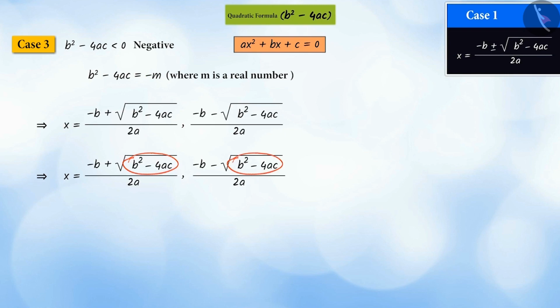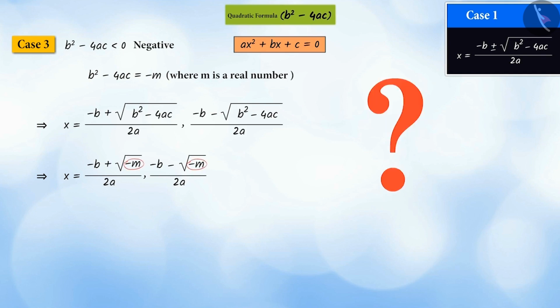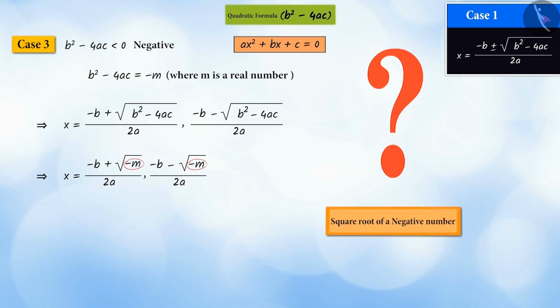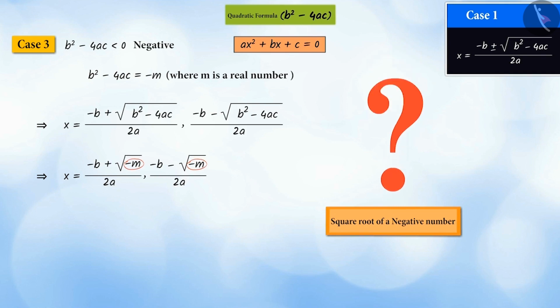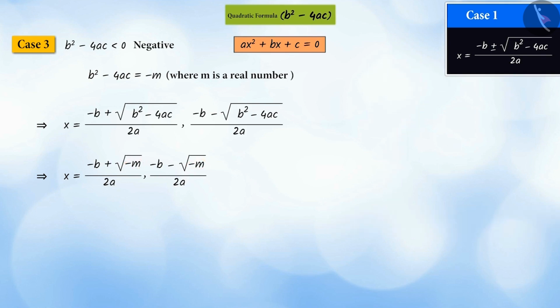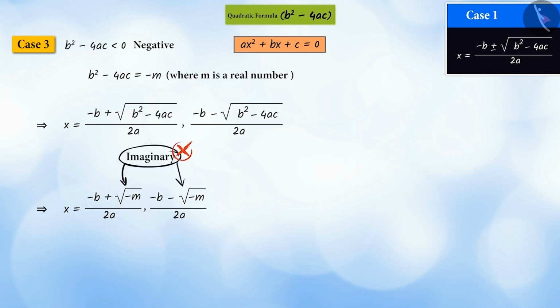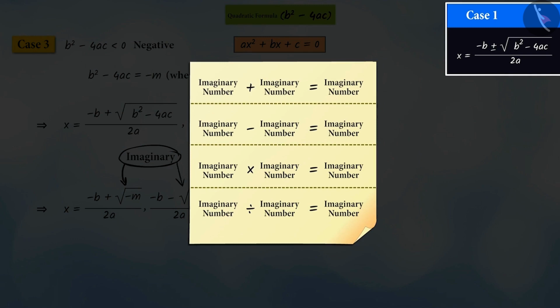Again, if we substitute b square minus 4ac equals to minus m in the roots obtained from case 1, then you will observe that we get a negative number under the square root sign. Can you find the square root of a negative number? The square root of a negative number is not real, hence it is imaginary.